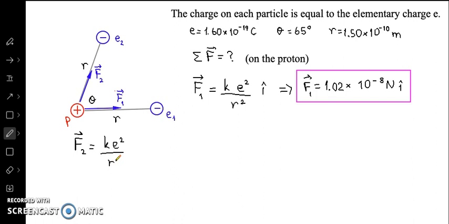But we have an x and a y component. So the x component is the magnitude times cosine theta, theta being 65 degrees, so that's given, i hat, this is the x component, plus K times E squared over R squared sine theta j hat.